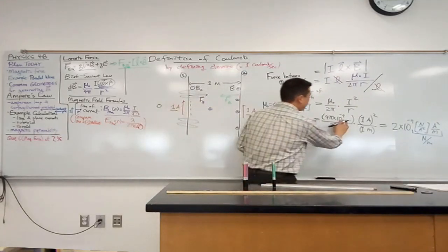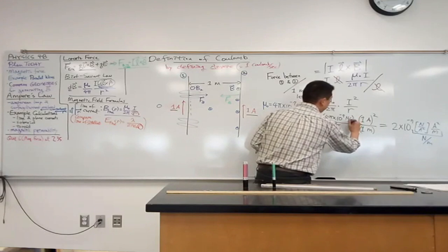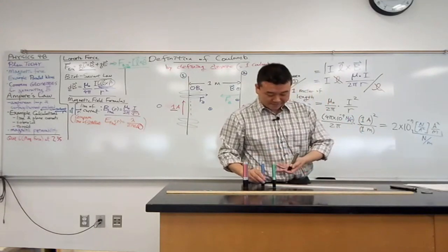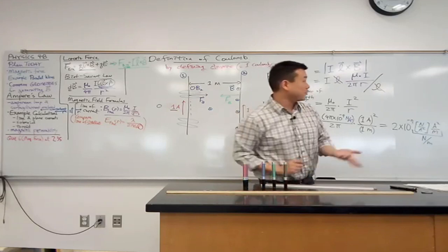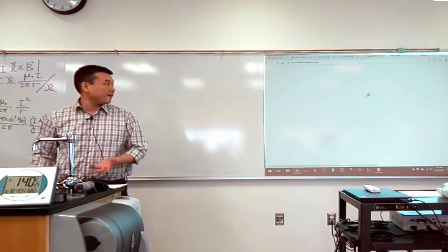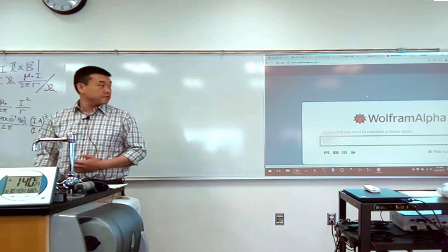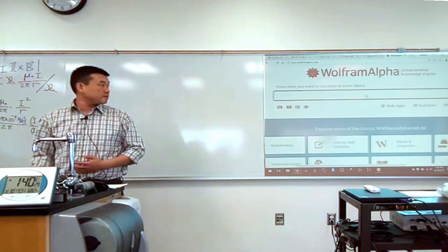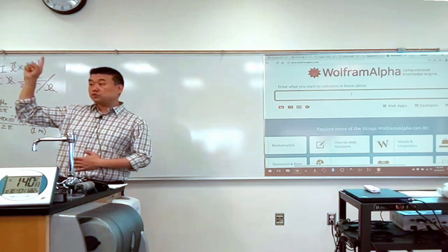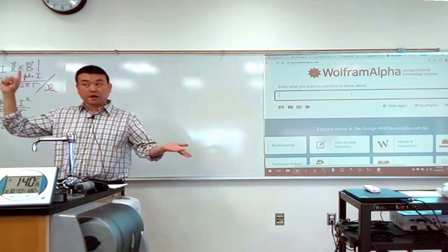I haven't done this before, so let's make sure that I didn't make any mistakes. This is how I would check: I'm going to look up what mu naught is on Wolfram Alpha, because Wolfram Alpha is unit aware. It knows units of different things. Mu naught has 2 different names. One is magnetic constant.